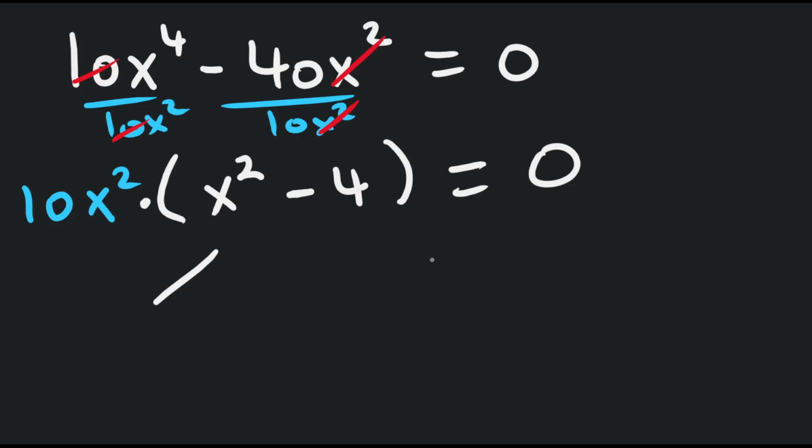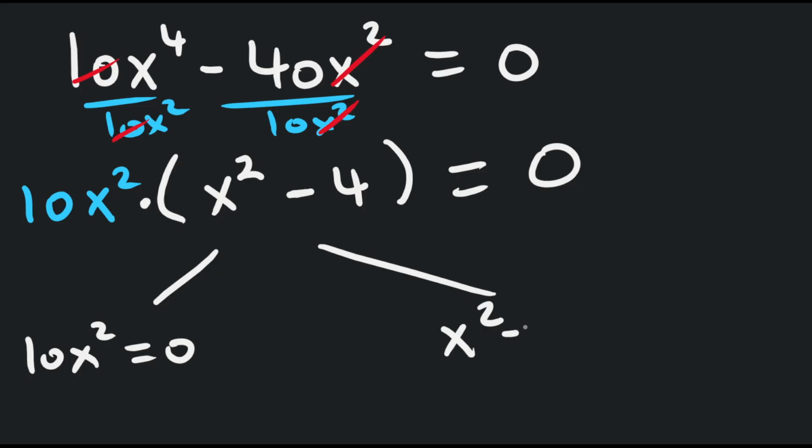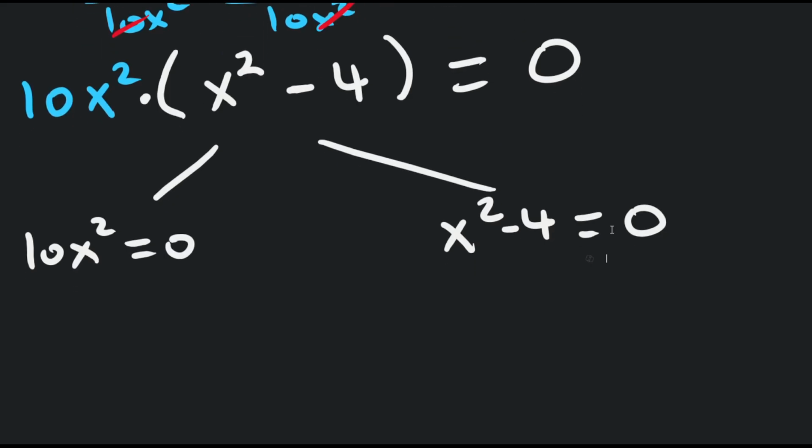Very similar to when we factor quadratics and solve them that way, we can split this up into two separate equations. We'll have 10x squared equals 0 on one side, and x squared minus 4 equals 0 on the other side. Let's solve both of these separately.